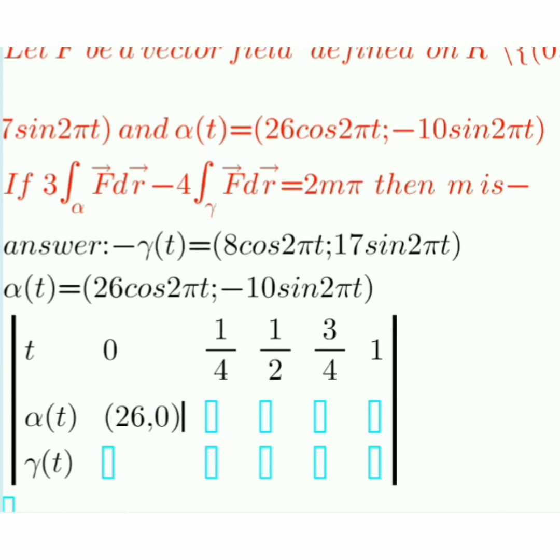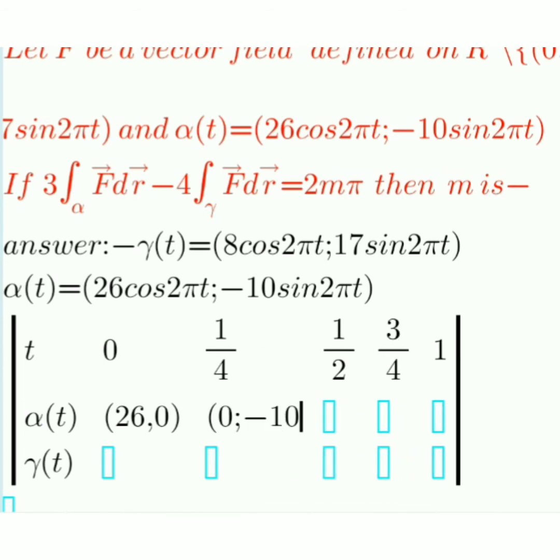When I put 1/4, it becomes cos pi by 2, so I get (0, minus 10).